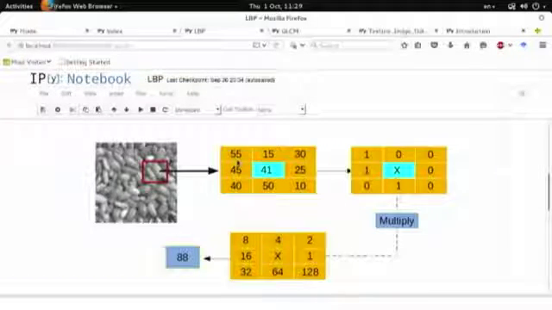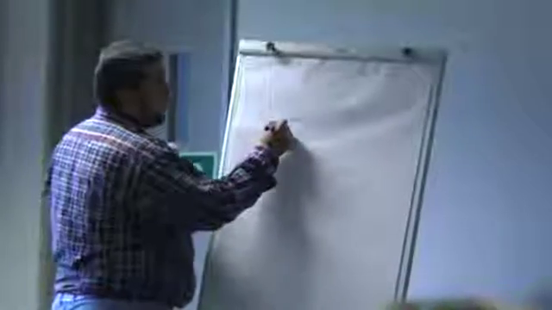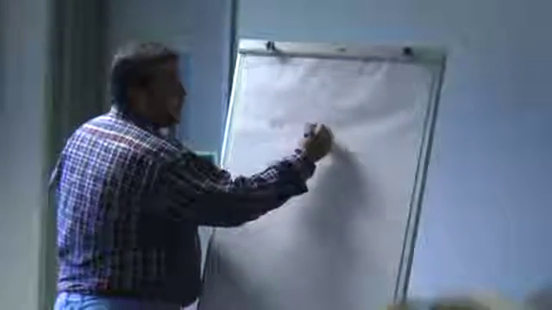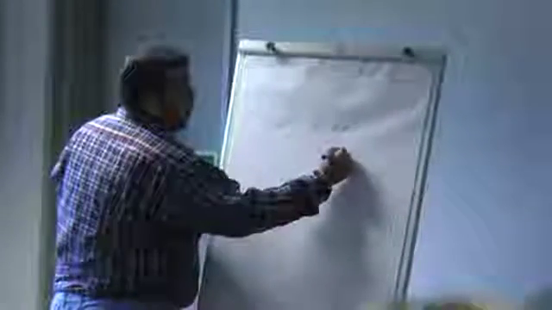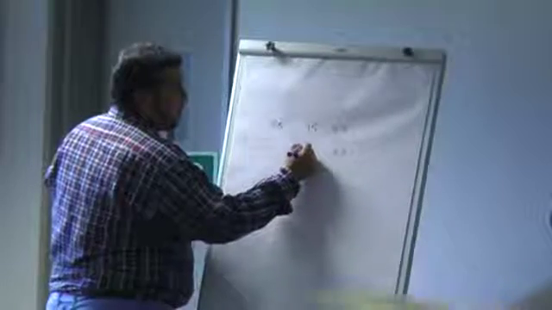Now what we will do with the 88, we replace it with the center value. So now what we have is 55, 15, 30, 25, and now it's 88 instead of 41.